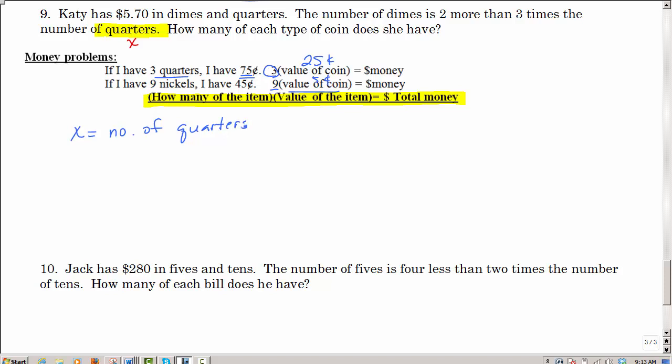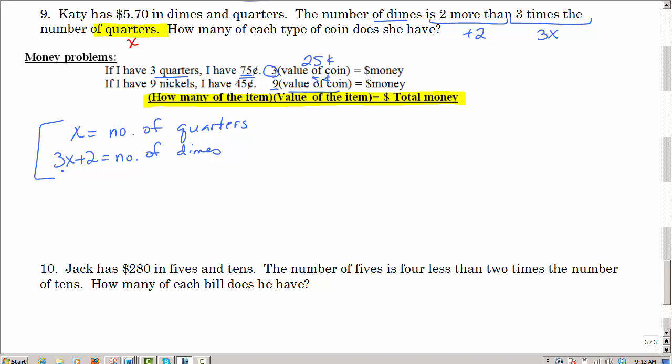We don't know how much money, but how many quarters she has. The number of dimes is 2 more than, we're adding 2 to 3 times the number of quarters. So that means 3x plus 2 is the number of dimes. Again, you need to put something like that on your paper to define your variable.